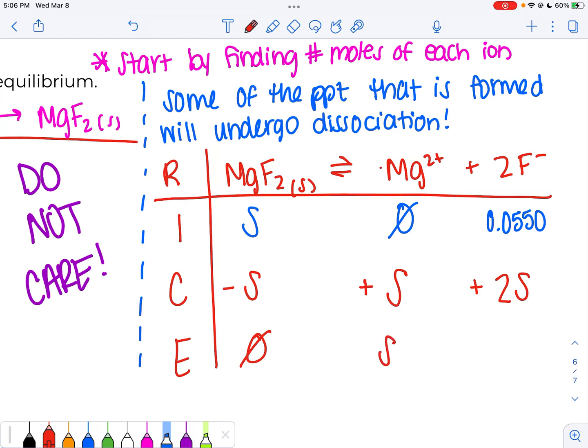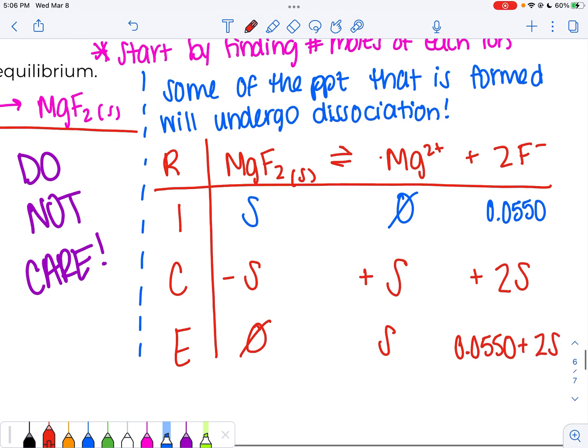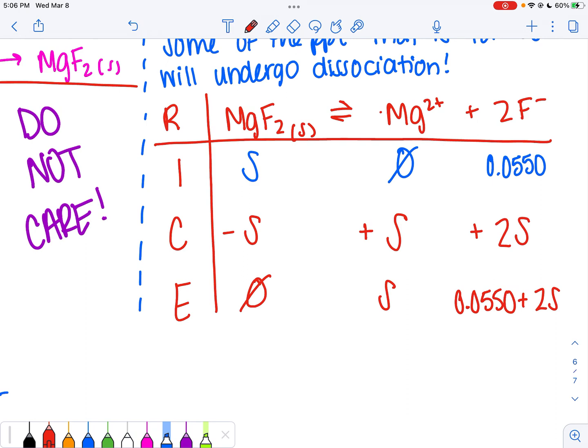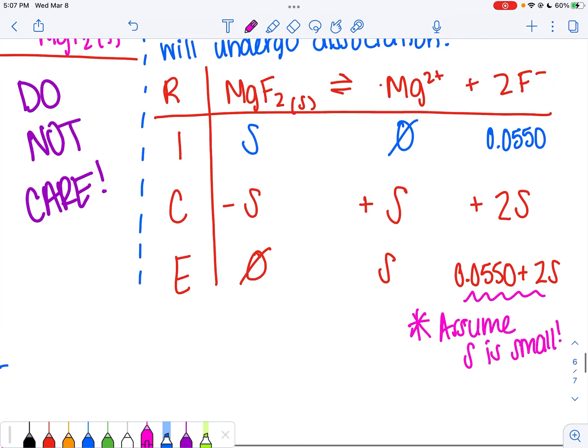So at equilibrium, we'll have S magnesium and 0.0550 plus 2S fluoride. So that's going to make our math a little complicated, so we're going to make an assumption. Assume S is small, small enough that we can basically say it's negligible and count it as 0.